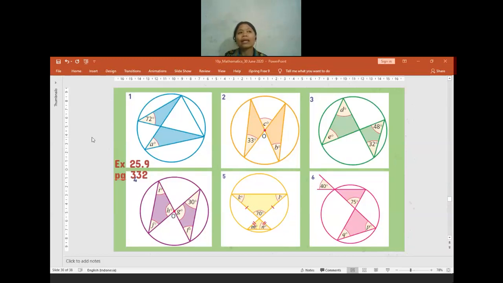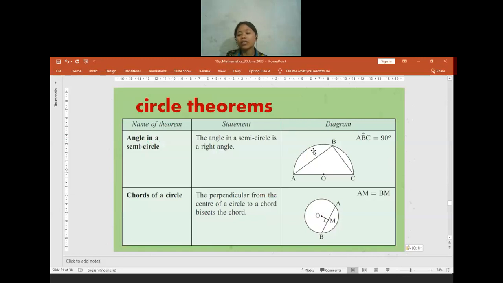So when the diameter makes 180 degrees at the center, the angle at the circumference that faces the diameter will be 90 degrees, because the angle at the circumference is half of the angle at the center.